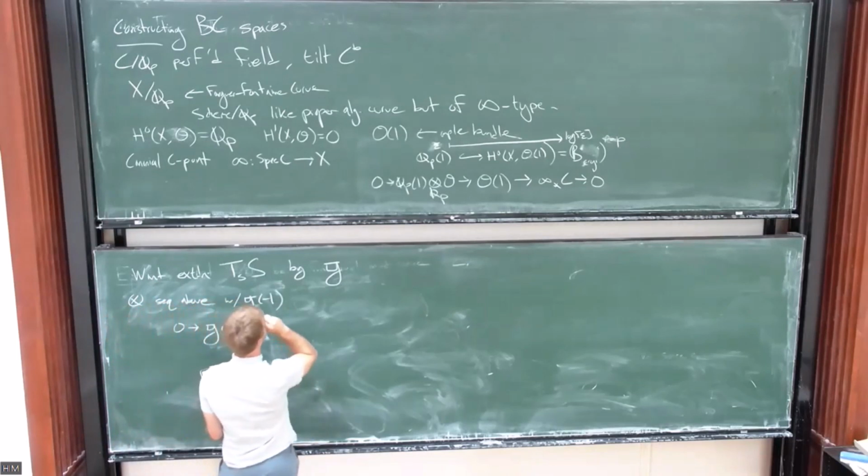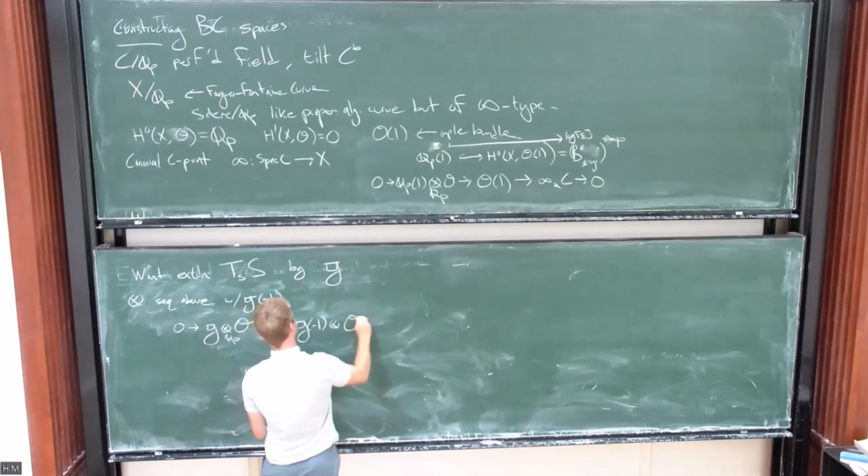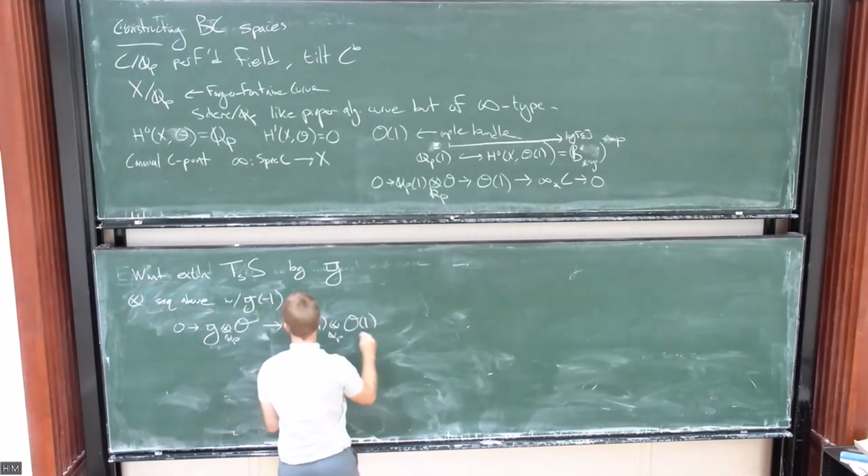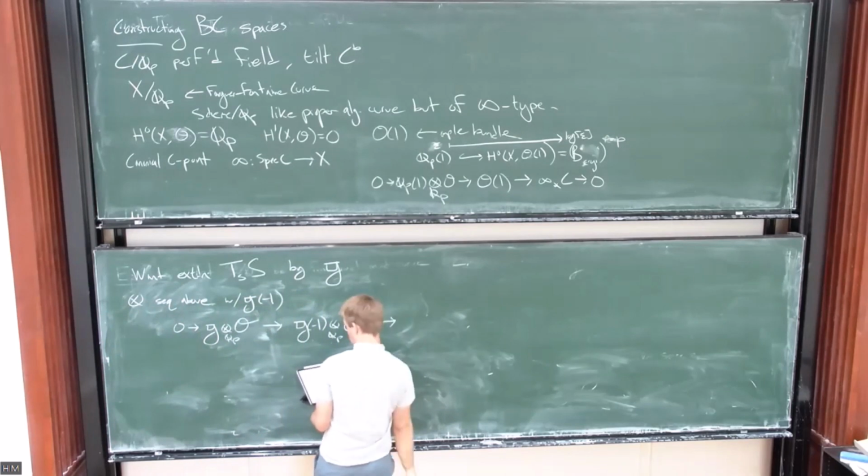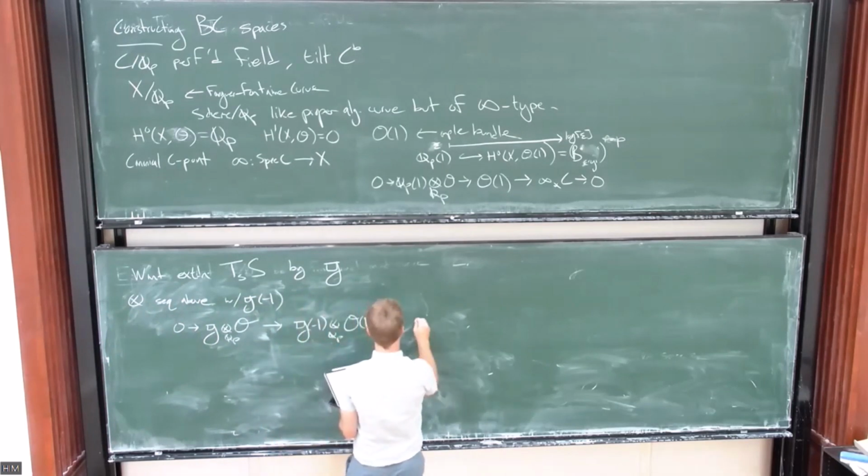Then the next term I get E minus 1 tensor O1, and that's just what it is. And then in the next term I get this thing supported at this point infinity. Well, I take G and I base change to C.